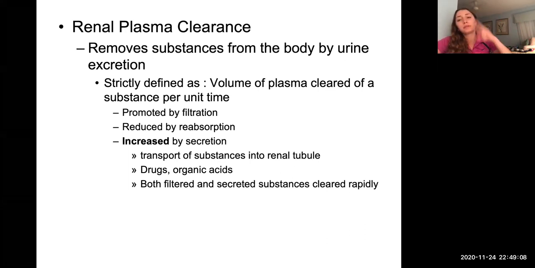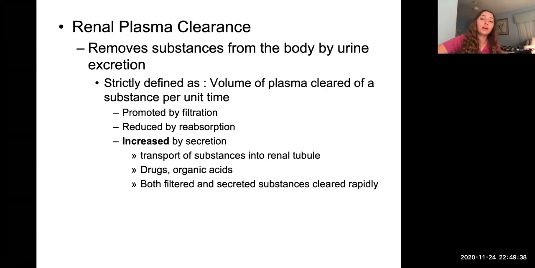There are three things we talk about in regards to this. First, it's promoted by filtration. If it filters it, then it will remove it to a higher extent. It's reduced by reabsorption, because if it's reabsorbed, then it's going to take longer to get rid of it.